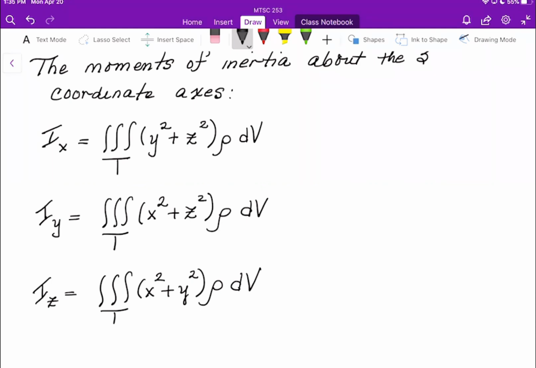Okay, any questions about having to compute any of those integrals? So if you're asked to find those, that's what you do. Okay.